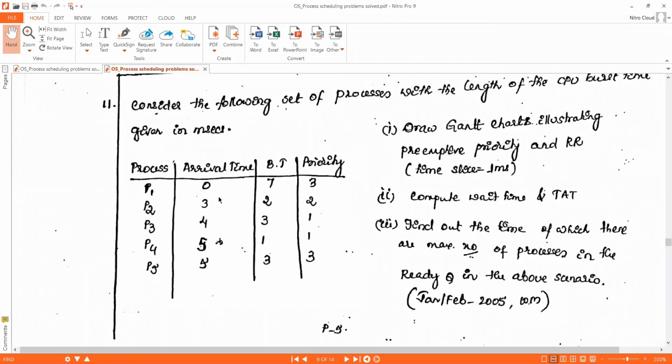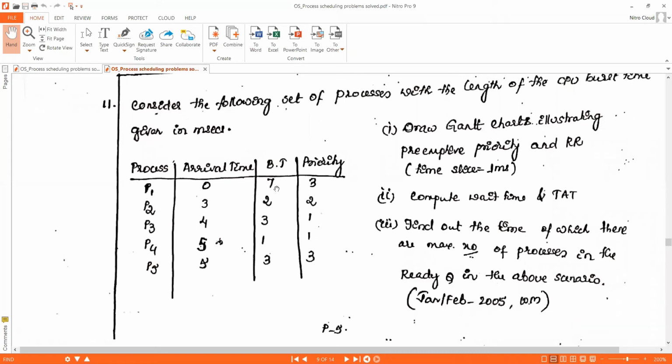After completion of 2 milliseconds also, there is no process in the ready queue. The CPU will execute 1 more millisecond for process 1 only. That time the clock time will become 3 milliseconds.